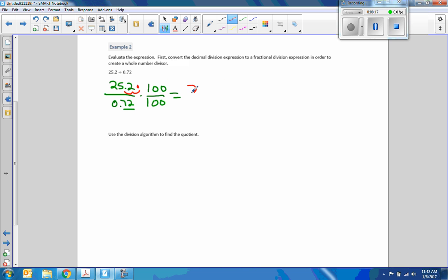So this would be 2,520 divided by 72. Now it says to use the division algorithm to find the quotient. The quotient is the answer when we're dividing.